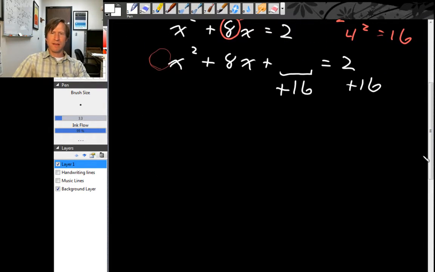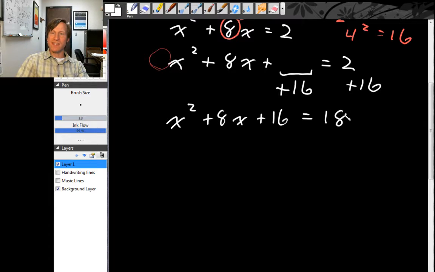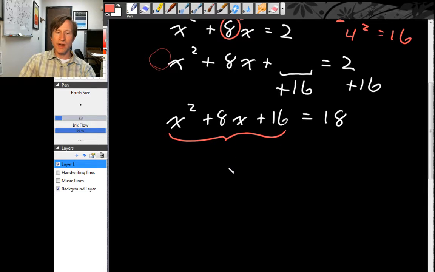That's going to give us x squared plus 8x plus 16 equals, and on the right-hand side, 2 plus 16, that's 18.